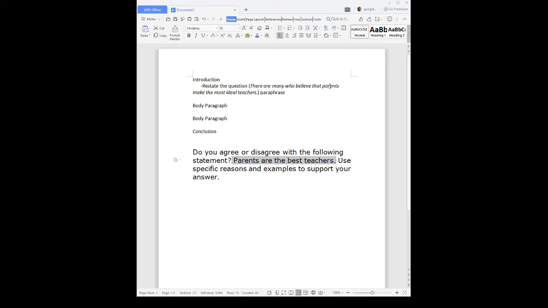Paraphrase means say the same thing with different words. You don't want to get too weird, like turning parents into guardians or parental caretakers. Keep the simple ones simple, but we can change best to most ideal, and that'll feel good for the person reading it.